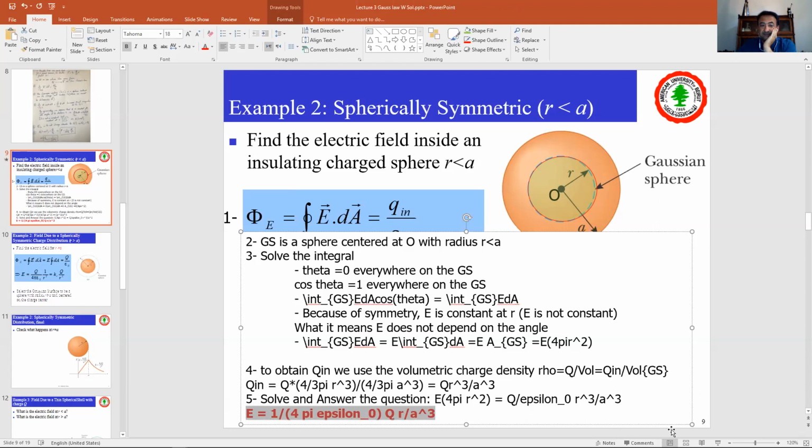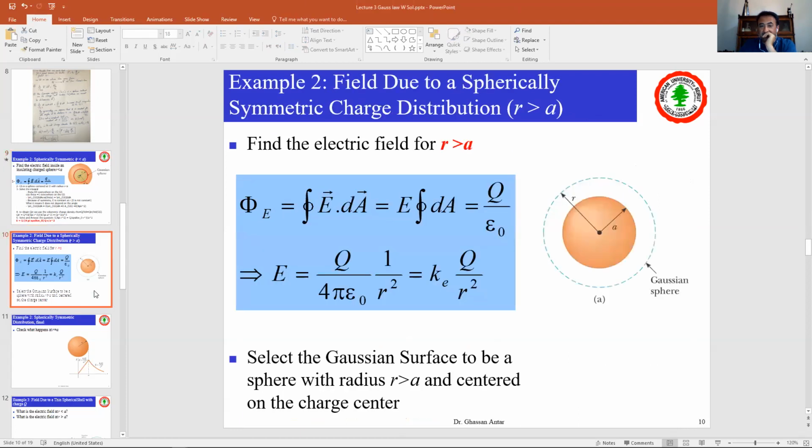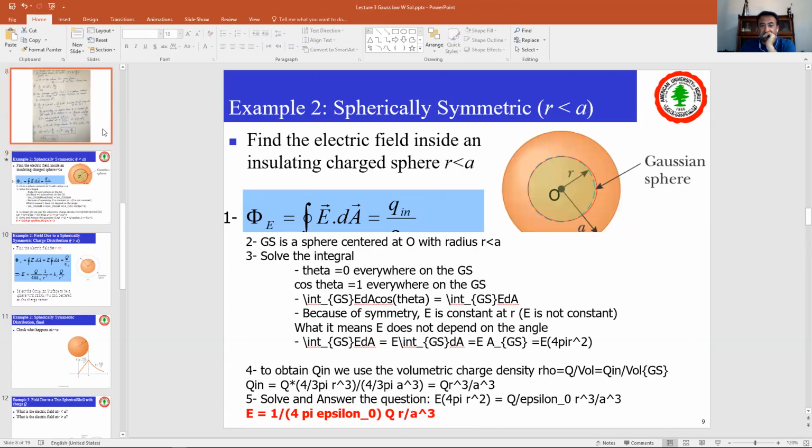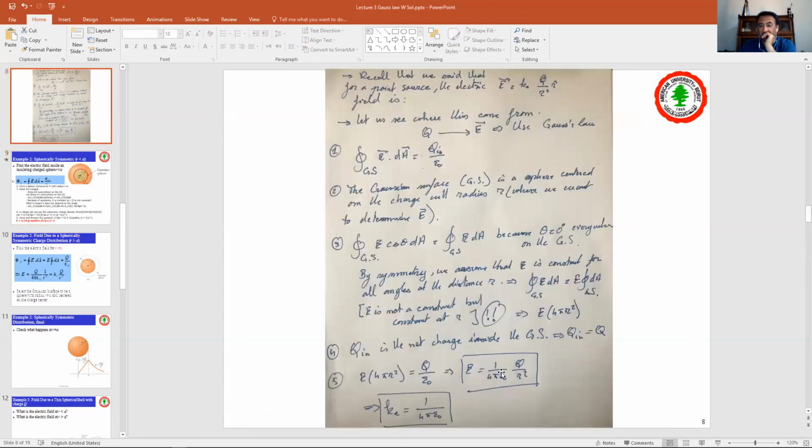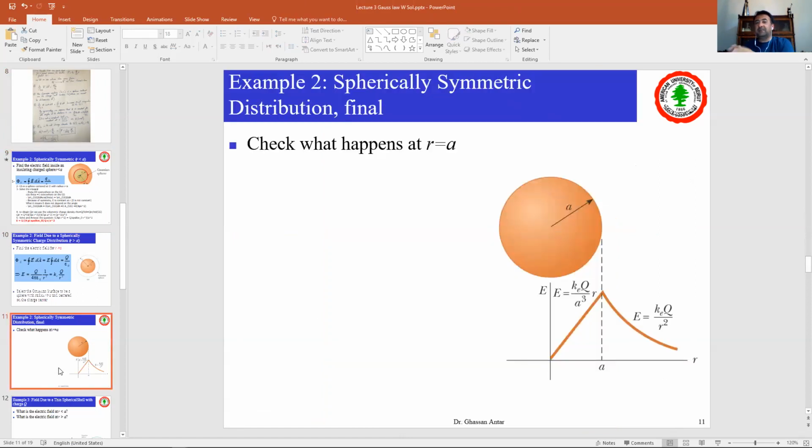Okay, guys? You understand? Okay, so now we have the electric field inside the sphere. We can have the electric field outside the sphere, which is E equal to 1 over 4 pi epsilon 0 Q over R squared.